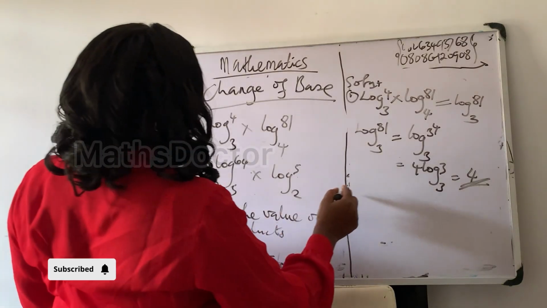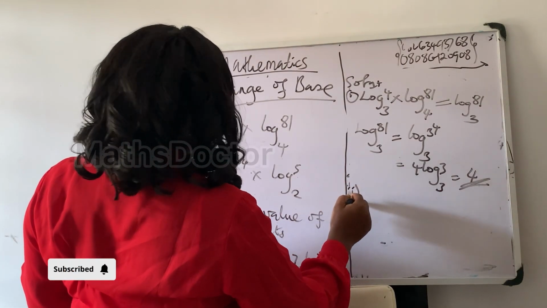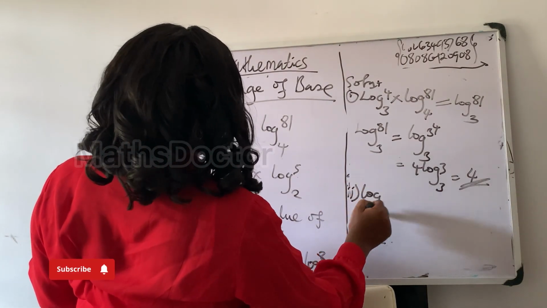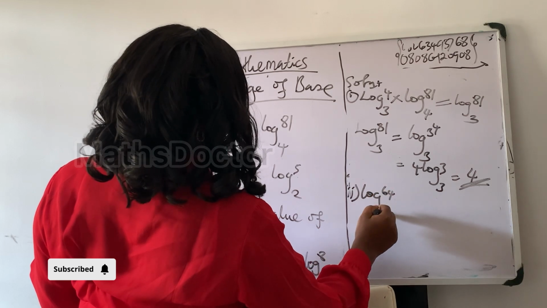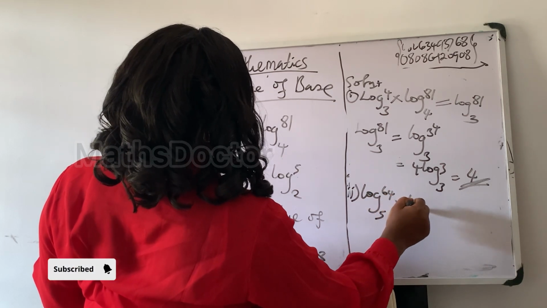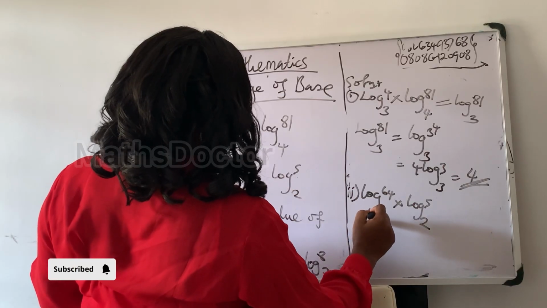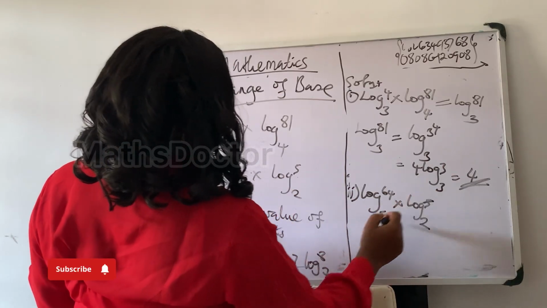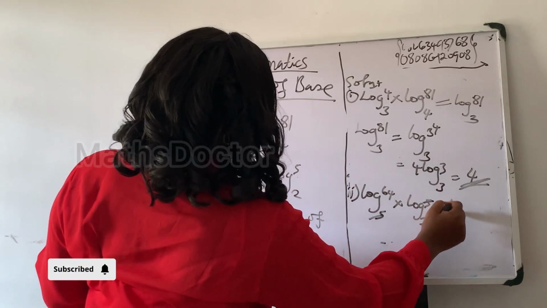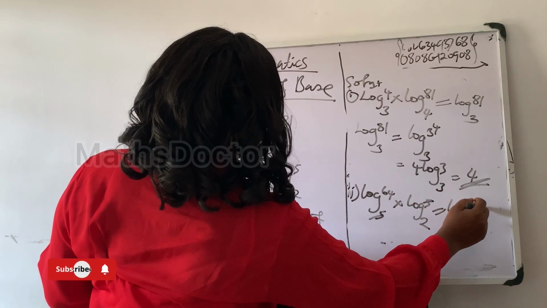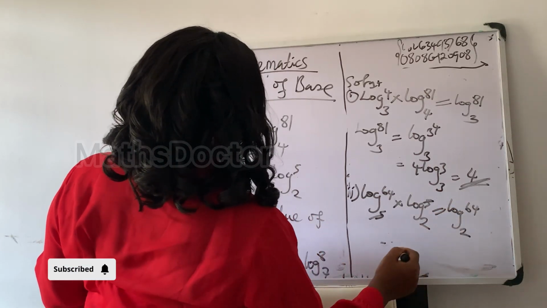Now the next one is log 64 to base 5 times log 5 to base 2. You eliminate 5 because there is a repetition. So it becomes log 64 to base 2.